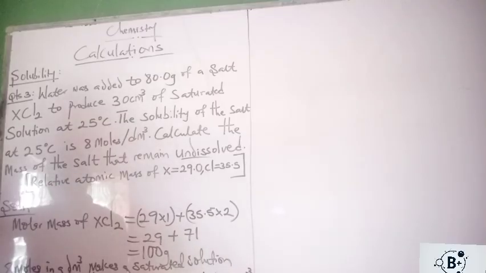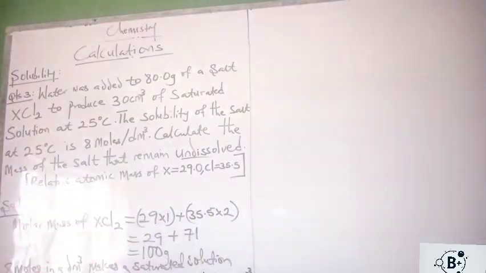So 30 cm³ will require 30 times 800 over 1000.